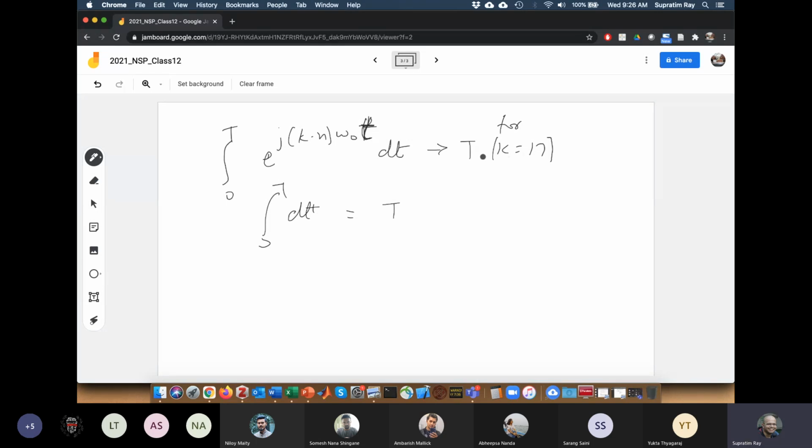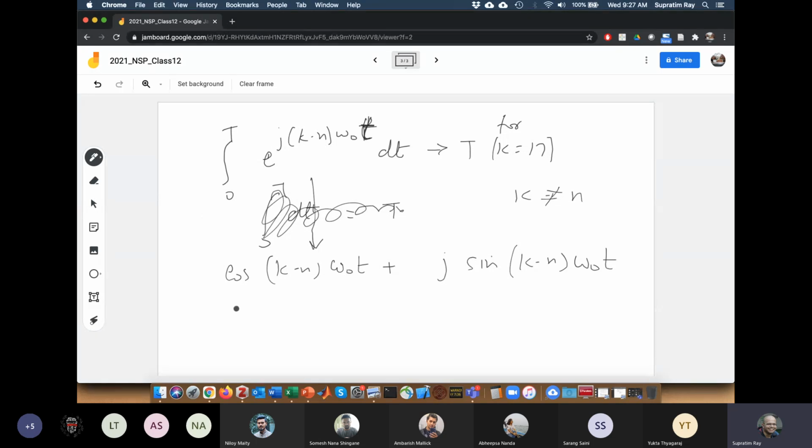What if k is not equal to n? It's easy to see that if I decompose it into cos (k minus n) omega naught t plus j sine (k minus n) omega naught t over an entire period, the cosine function will look like this.